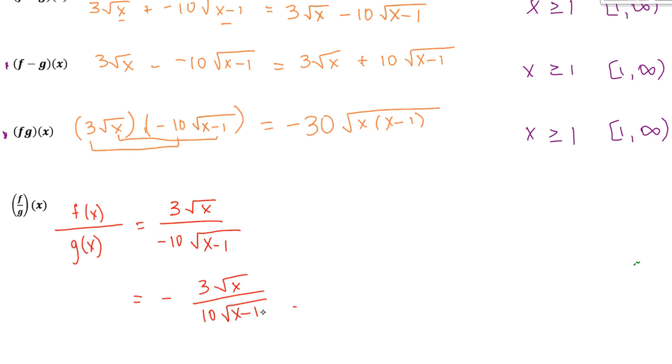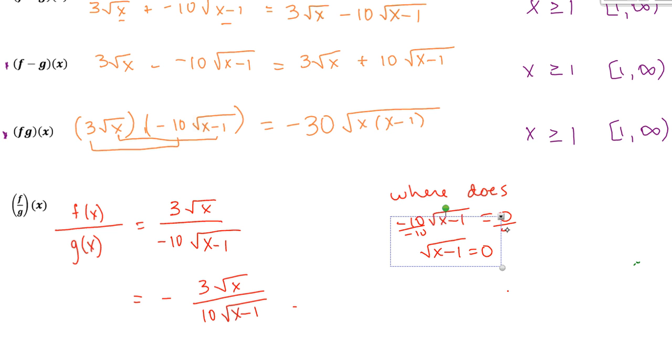Now let's talk about the domain, though. Domain is we need to know where this guy equals 0. Well, we can basically just solve it. X minus 1, divided by negative 10. Square both sides.